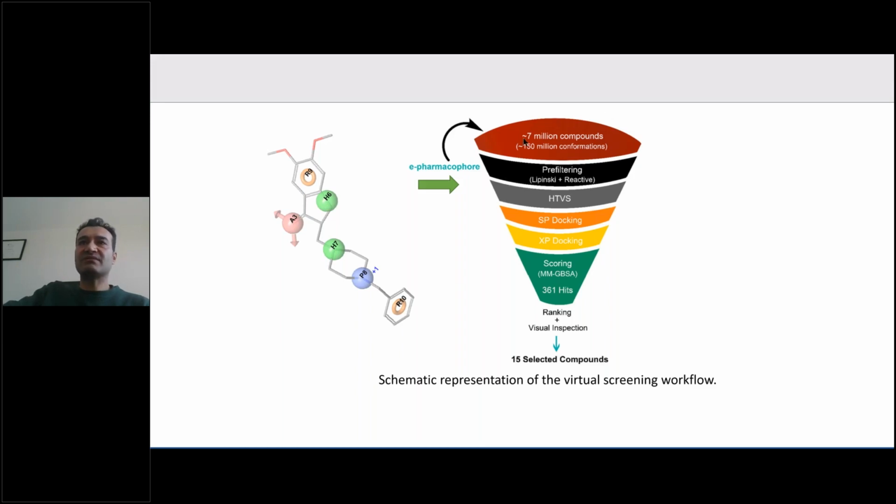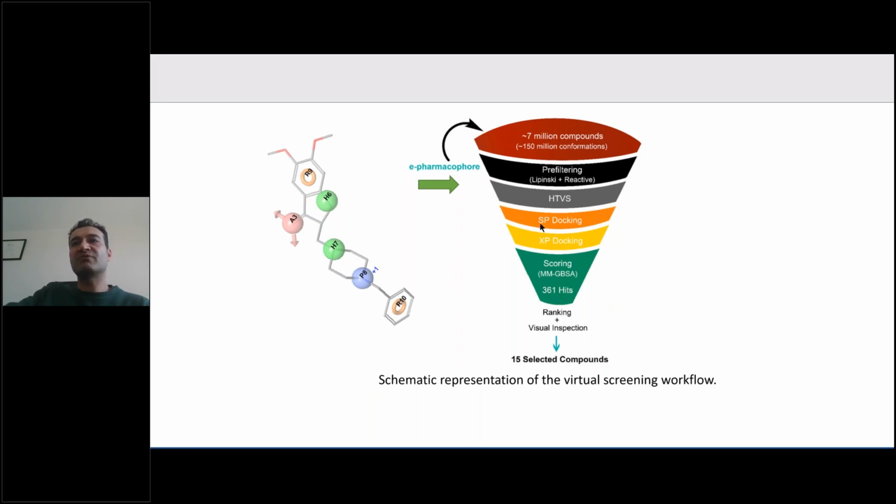In my database, I had 7 million compounds with more than 150 million conformations. I used some filtering, starting with the simple and moving to the advanced docking techniques. I filtered my compounds. 10% of the successful candidates passed through to the next filtering step.